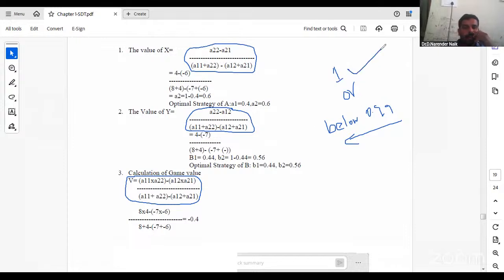This is the case: A22 minus A12 over A11 plus A22 minus A12 plus A21. Then the game value V is equal to A11 into A22 minus A12 into A21 divided by A11 plus A22 minus A12 plus A21. Here you observe carefully the value of Y is equal to A22 minus A12.